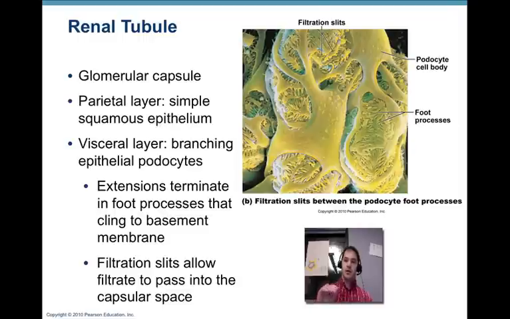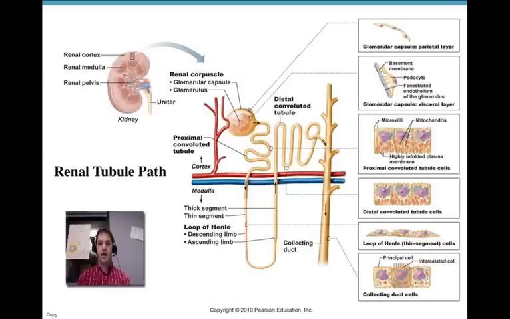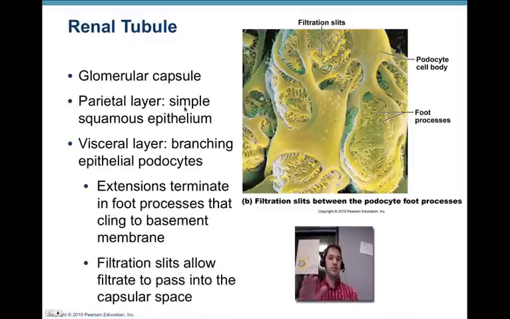And so our glomerular capsule has a couple layers. It's got a parietal layer, which is this outside part of the cup here. And then it's got a visceral layer, which is the inside part of the cup that basically lines the glomerulus. The parietal layer is just simple squamous epithelium, the outside of that cup.